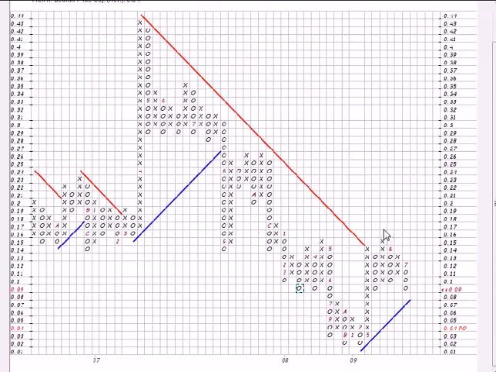Now, if we look at where the stock is right now, it's at 9 cents, and it's sitting on a very strong support. Anytime you see your stock sitting on a support that has more than one O, or a resistance of more than one X, it's considered a stronger support or a stronger resistance.